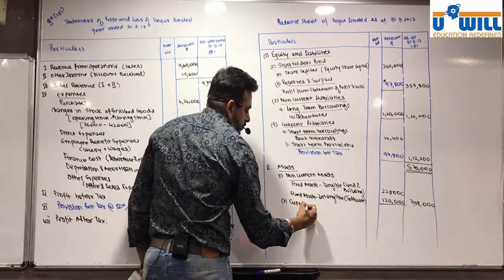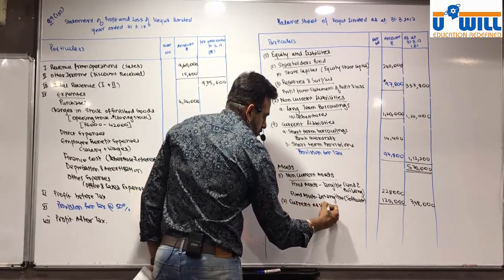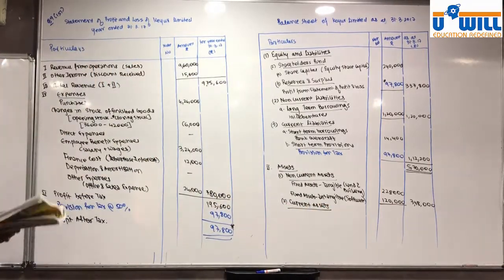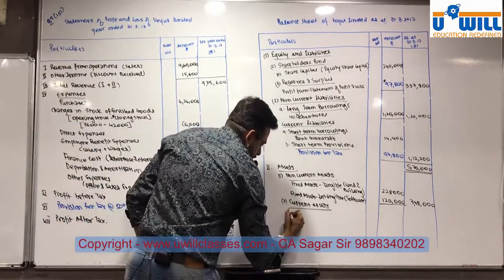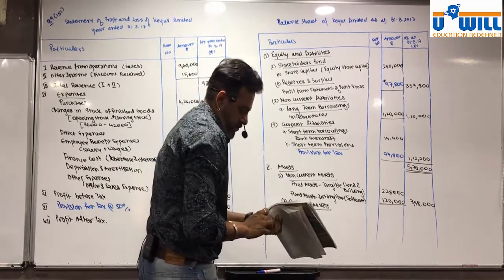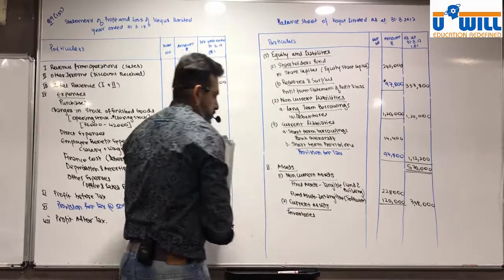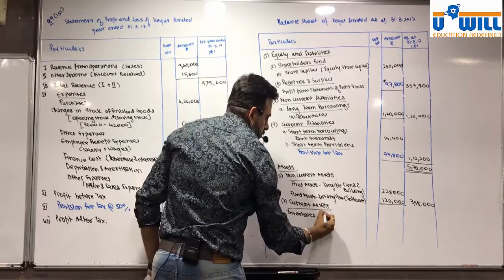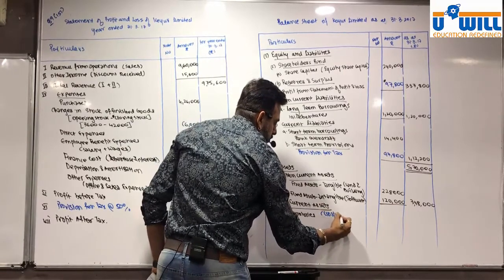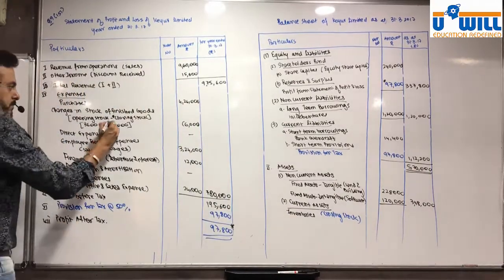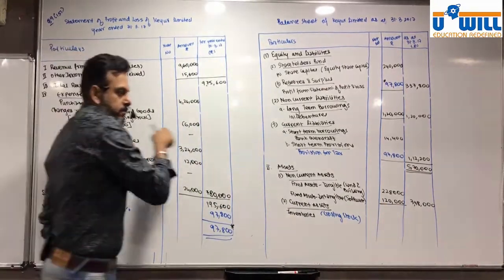Current assets. We don't have current investment. We have inventories. Yes. So inventories. We have closing stock over here 42,000.